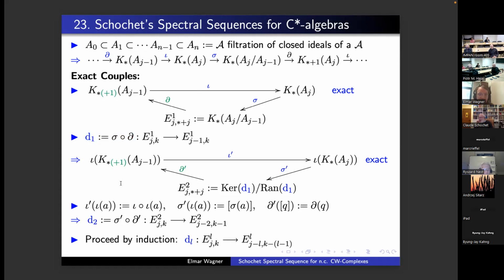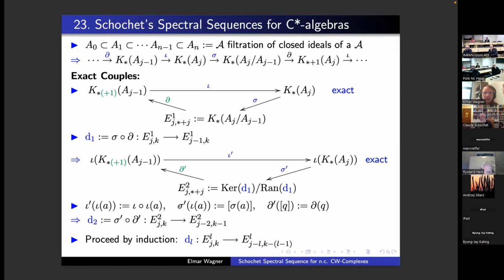Now in the second page we replace the E1 page by the homology of E1, kernel by range. We still have this boundary map, these injections, and the quotients, but now we have to be a bit more careful. We replace the corner by the image under I, and apply again this injection.